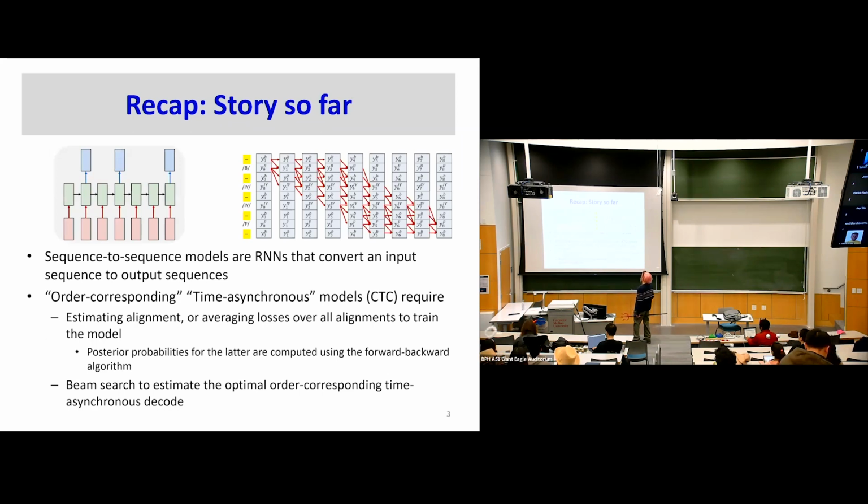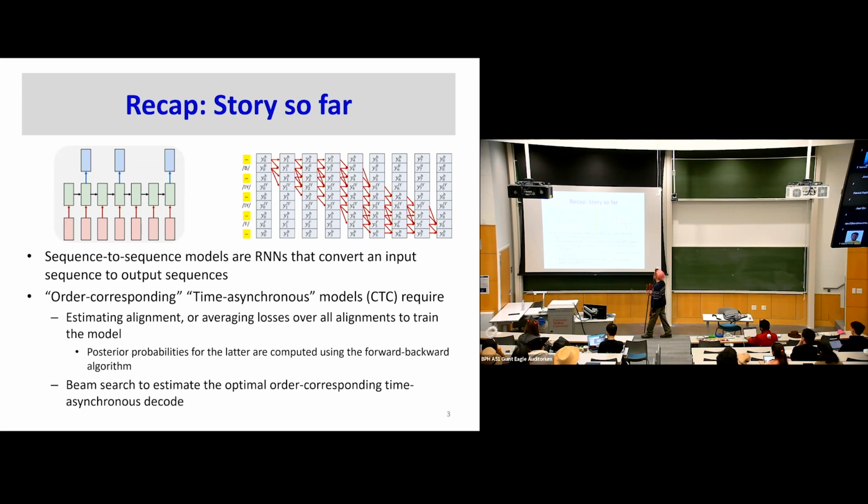We've also looked at applications. Specifically, we looked at sequence-to-sequence models, because one of the most important uses for recurrent networks is sequence-to-sequence modeling. So here you have a sequence of inputs coming in and a sequence of outputs going out. We specifically considered order-corresponding, time-asynchronous models where outputs are intermittent.